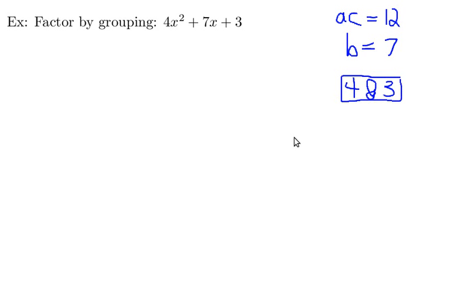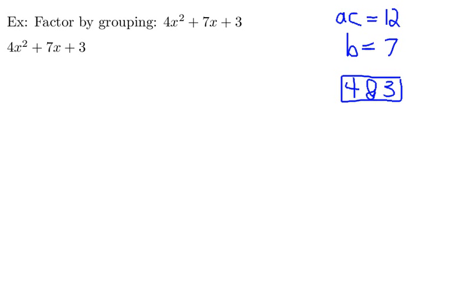I'll just put it off to the side here. 4 and 3, because they multiply together to make 12 and add to make 7. It's just a coincidence that it happens to be what's actually already there on the ends. But let's go ahead and figure this out. Let's go ahead and factor by grouping.